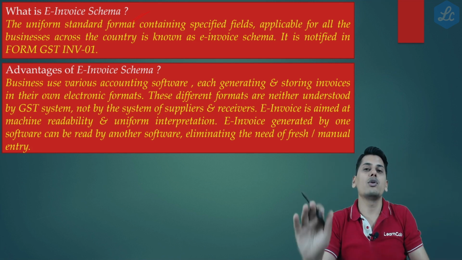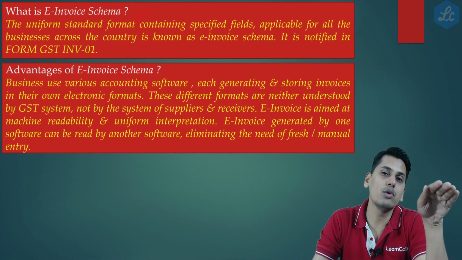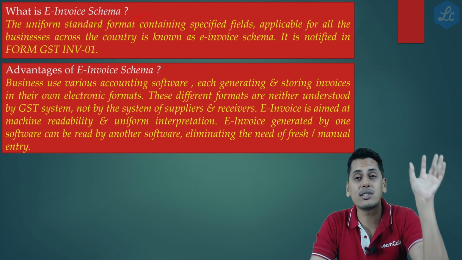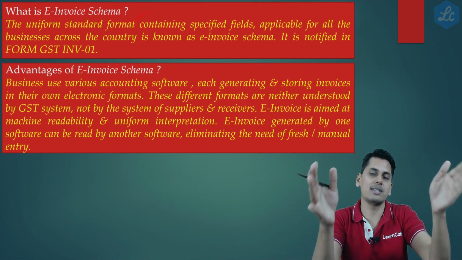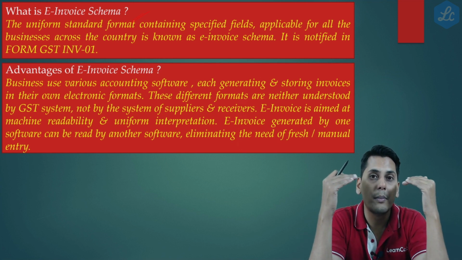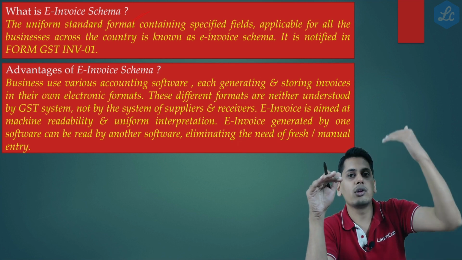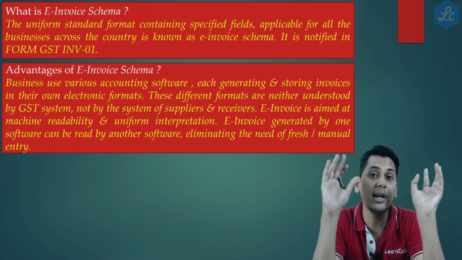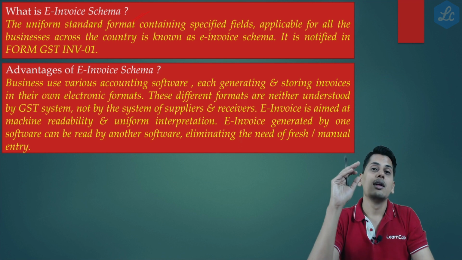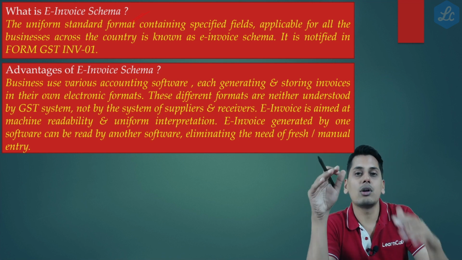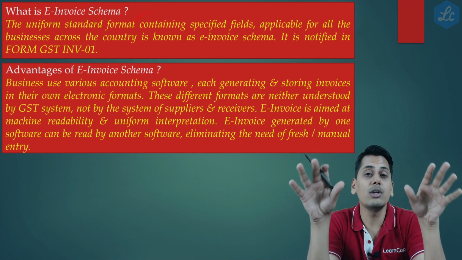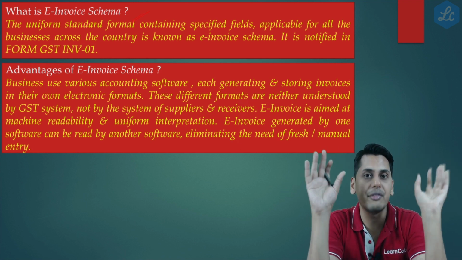The details which I am going to file are going to be in a standardized format. So this form GST INV01 is going to be in a standardized format which my accounting software SAP is going to punch in, and these details are going to go to the common portal for the purpose of obtaining an invoice registration and IRN number. Now friends, let's suppose the accounting software which you are using is in a position to read details in a standard or codified format.